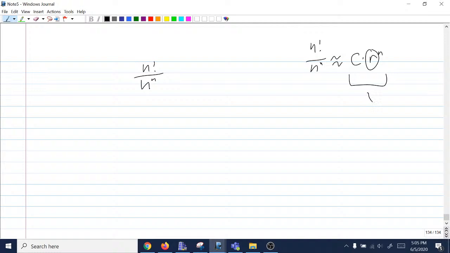Something is exponential when you're multiplying by the same thing over and over. Is this multiplying by the same thing over and over? What is it you're multiplying by to get from one term to the next term? This is why you take that ratio, new term divided by last term. And that ratio turns out to be e. We're finding that n factorial over n to the n is about a constant times e to the n. This thing is really close to being an e to the n type thing.